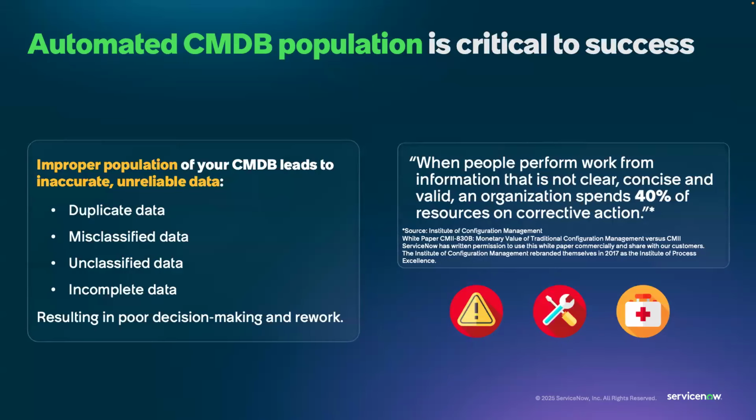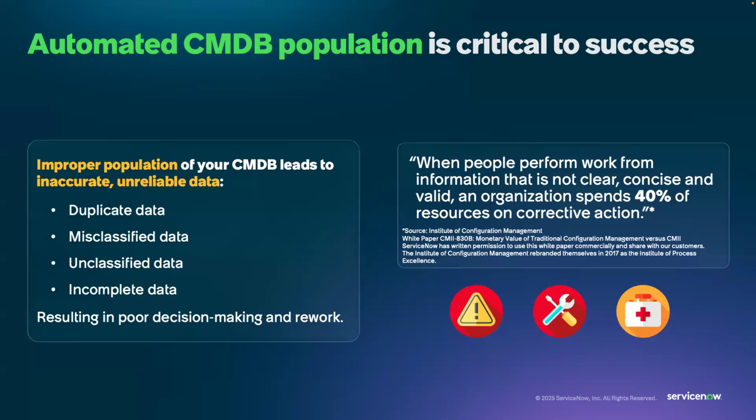And when we think about data acquisition, automation is critical to success, right? If you're not automating the acquisition and population of the data, you're potentially relying on manual processes.